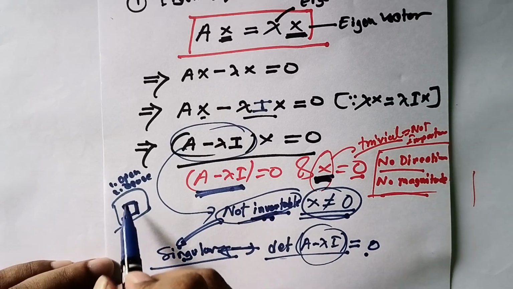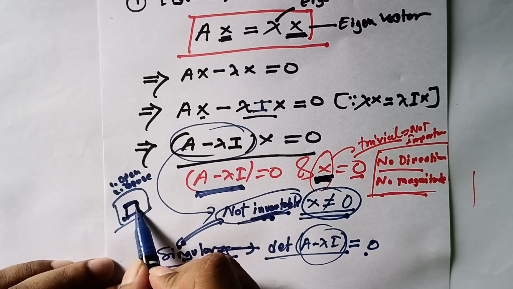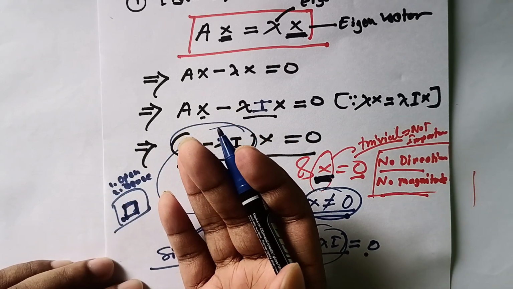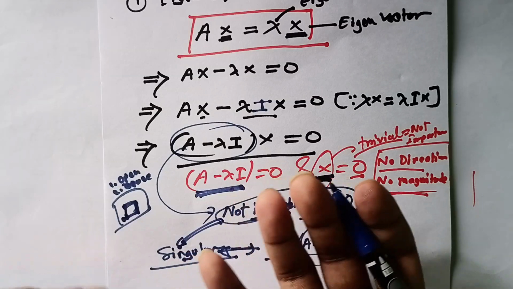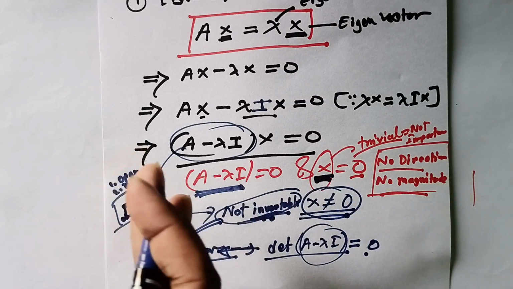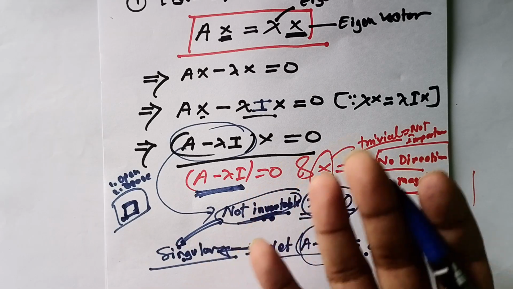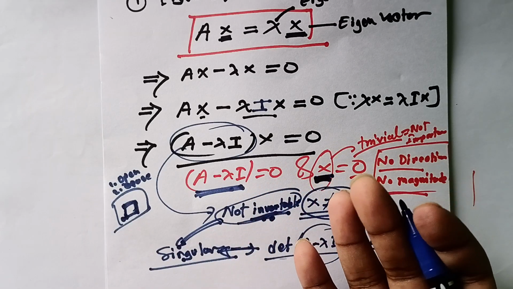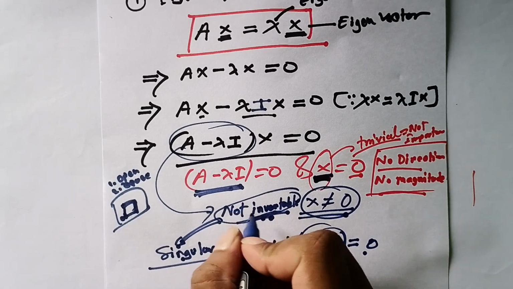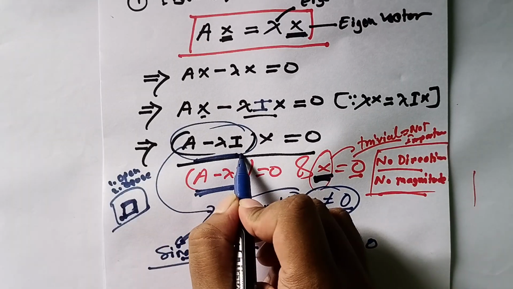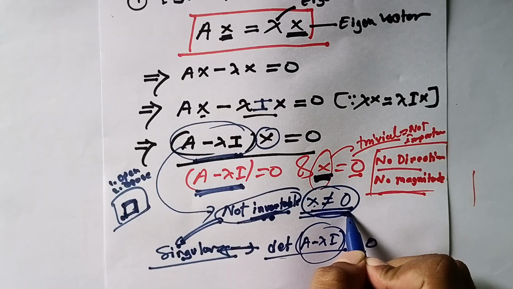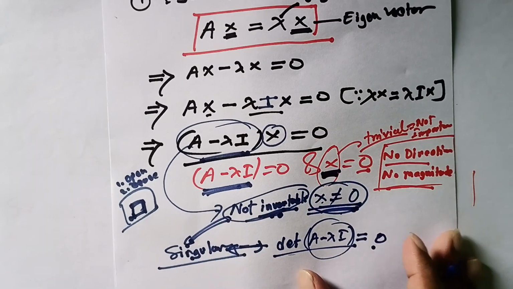But not invertible means that the door will stay closed all the time; you cannot open it. Any matrix that you can take back to its original shape is termed invertible. But when you cannot do that, it is not invertible. If this term is not invertible, then its determinant equals 0. That is the reason why I'm doing this.